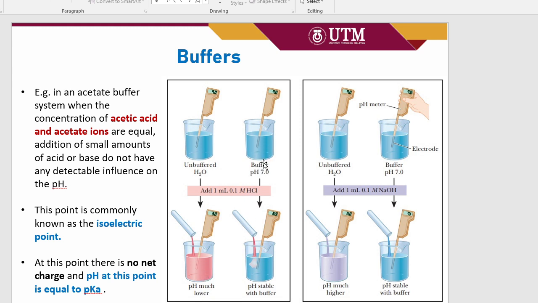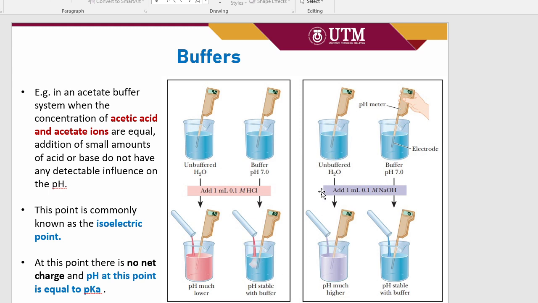Here with the buffer solution at pH 7, it does not matter how much acid you add, for example 0.1 molar hydrochloric acid, the color will not change and the pH will be stable. So if you add acid to water, the unbuffered solution, and to the buffer solution, you will see the change here, and here no change will take place.